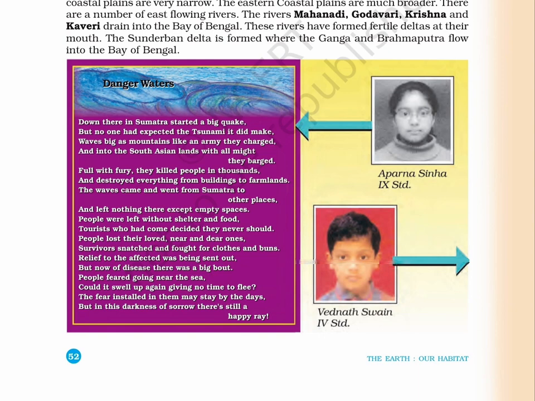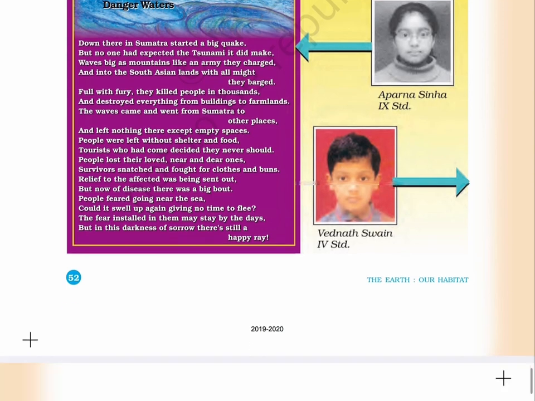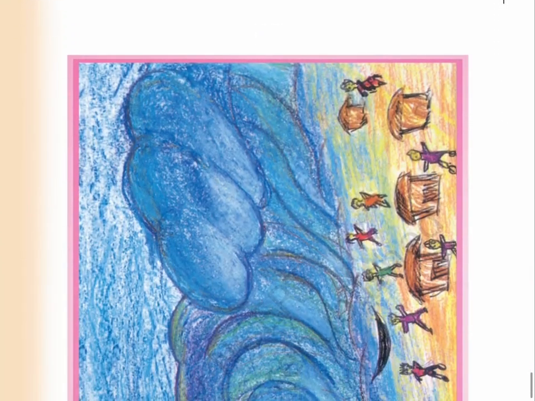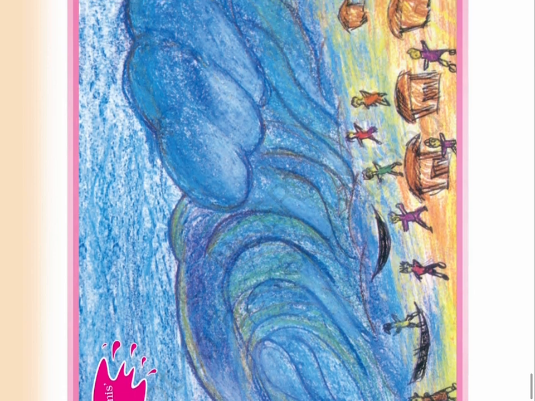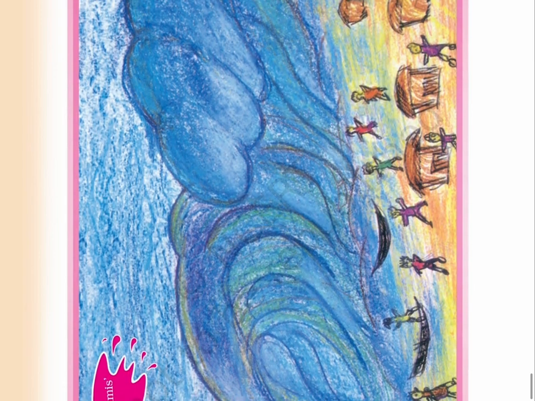Could it swell up again, giving no time to flee? The fear installed in them may stay for days, but in this darkness of sorrow, there's still a happy ray. Page number 53. We can also see a painting by Vedant Swain of 4th Standard, titled Tsunami's Killer Waves.